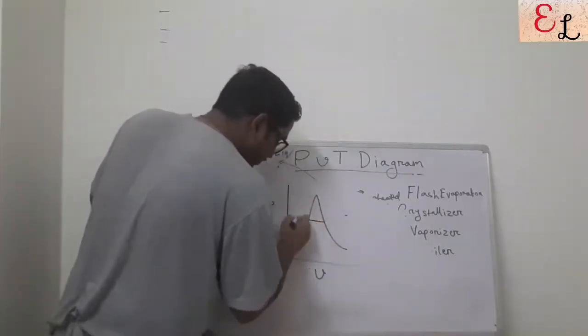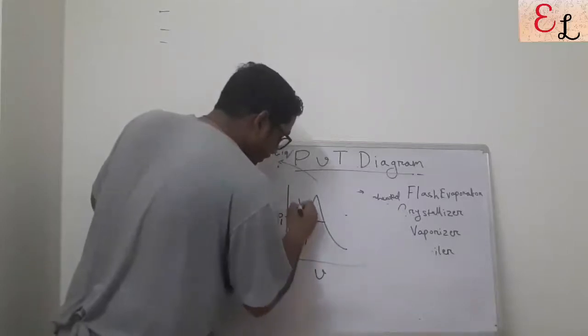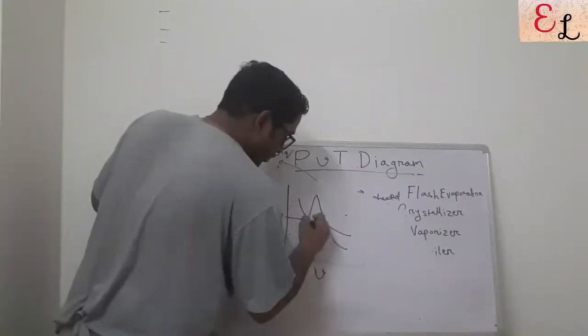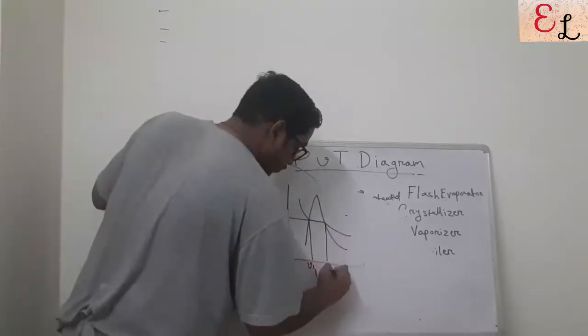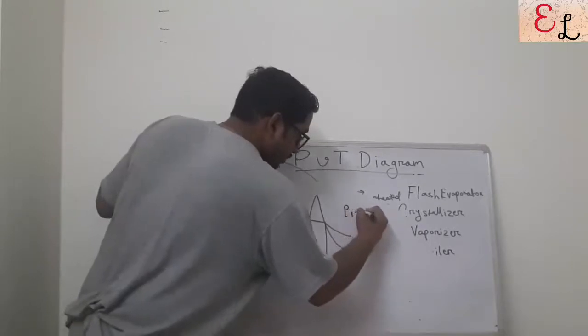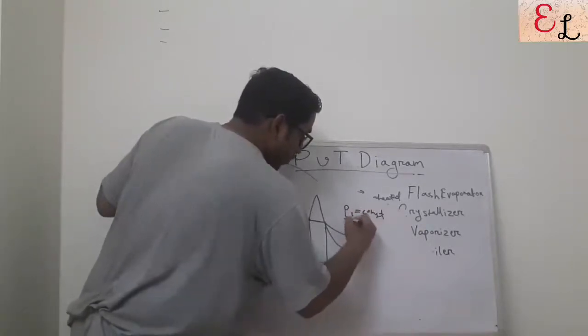Throughout the phase change, at a particular pressure, the temperature will remain constant and only the volume will increase. So V1, V2, but P1 is constant, T1 is constant.